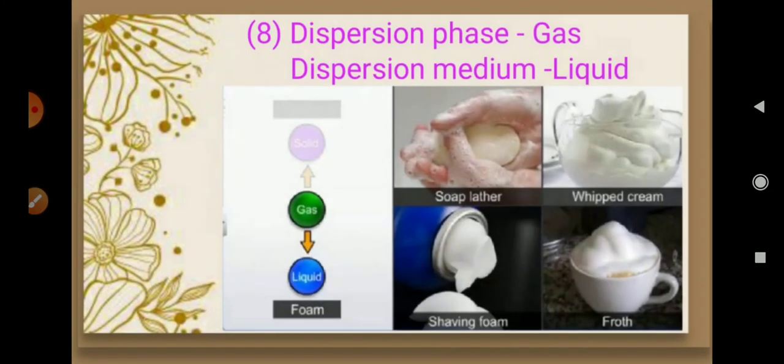If gas is present in small proportion, liquid is present in the large proportion, then it is called as foam. Example, soap lather. Because the soap lather actually is liquid, but in the bubbles you can find the gases. Therefore, it is called as foam. This is one of the categories of colloids. The other examples are whipped cream, shaving foam, froth.